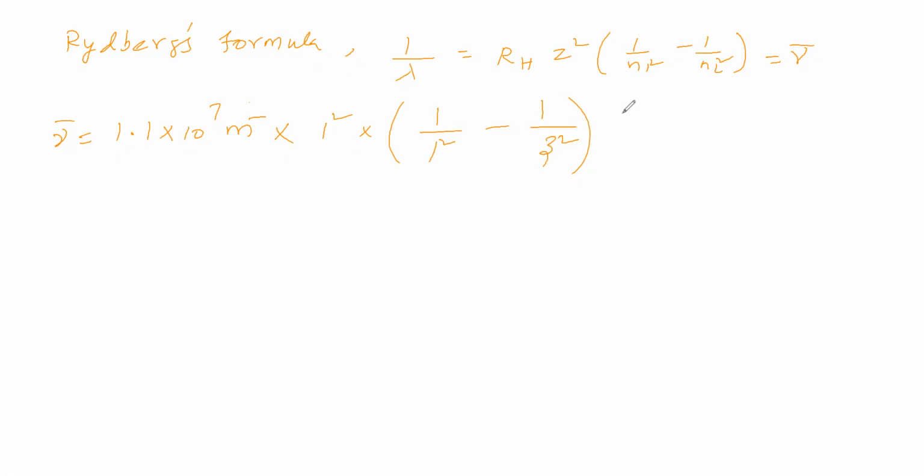We will get nu bar. So nu bar is equal to 9.75 into 10 to the power of something, and when we simplify the power of 10, we get 10 to the power of 4 per centimeter.